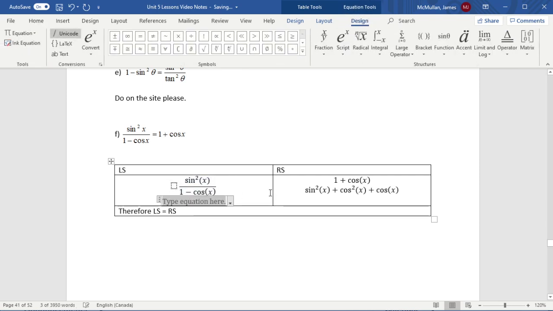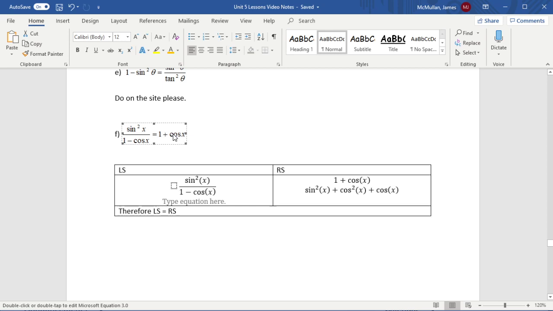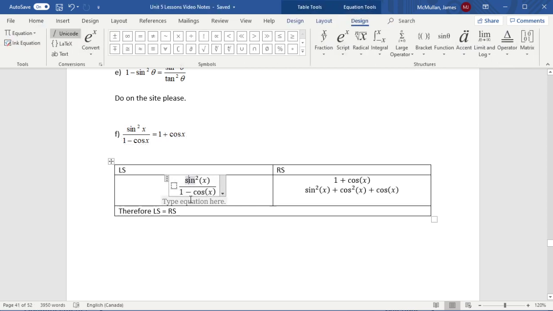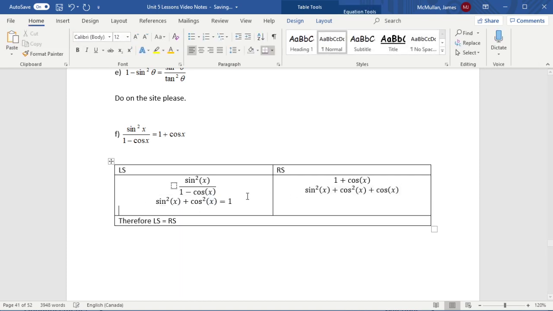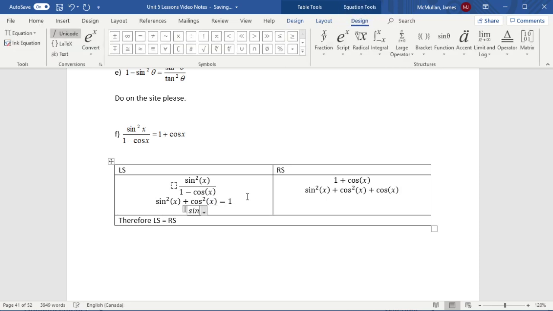Now, on the top, I know that the right side only has coses in it. So the left side having a sine in it means I probably want to trade that sine. And I know that sine squared x plus cos squared x equals 1. So what if I were to rearrange that equation and say sine squared x equals 1 minus cos squared x.